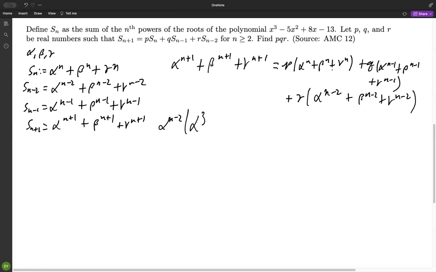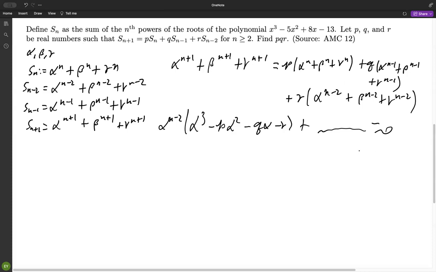And we have square from here, so minus p alpha squared. And we have n minus 1 here, so we have q alpha, I think. And we have minus r, and plus the same thing for beta and gamma equals 0.